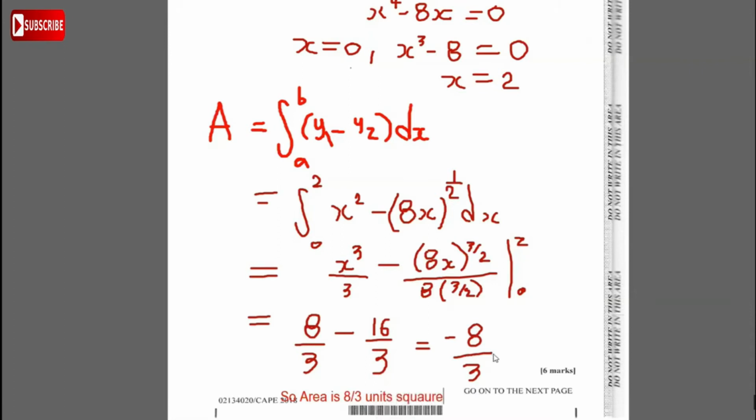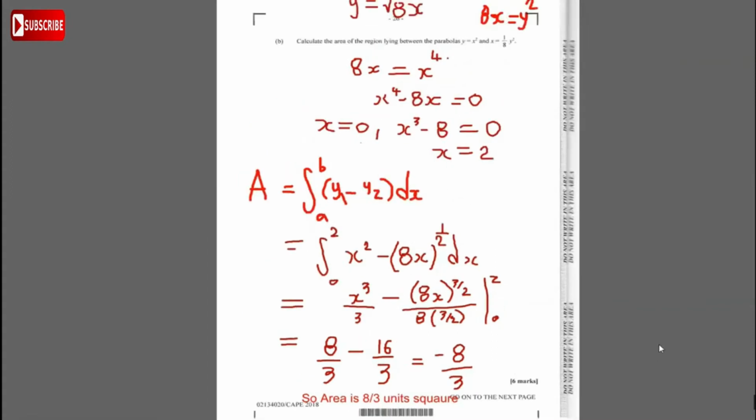Now the only reason why I get minus is that I integrated the wrong way around. I integrated the one that is below as above and the one that is above as below. That's all that means. So it is positive 8 over 3 units squared. That's the area.